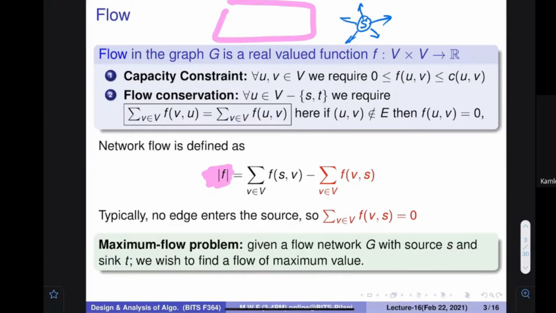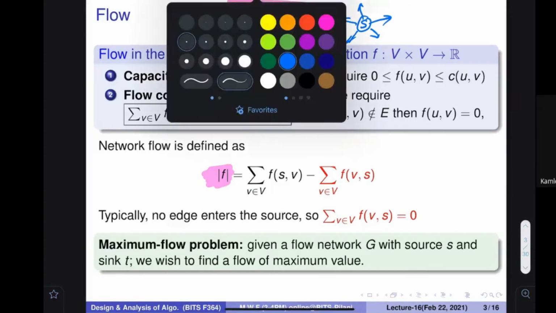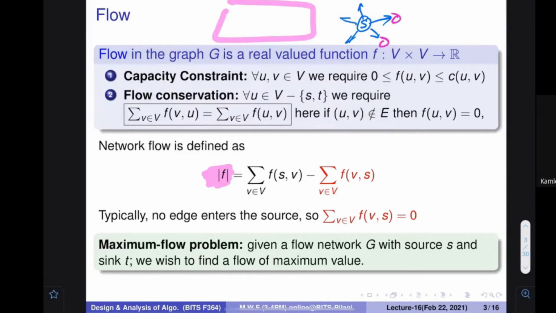I want to find out, for all the vertices, how S is going to produce. It is going to send to somebody. There are some nodes over here. So for each node from S to V, for all the V's, I want to see how much is being pumped by S into V. Is this definition fine or not?